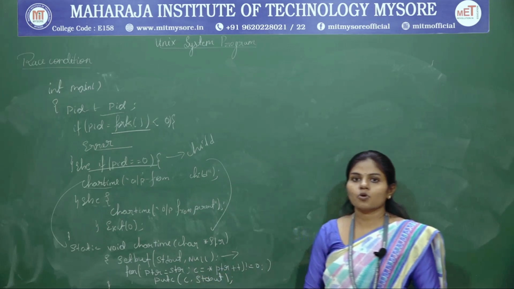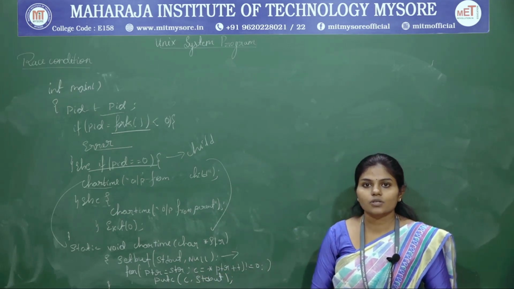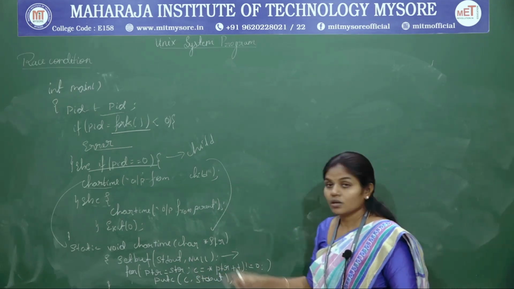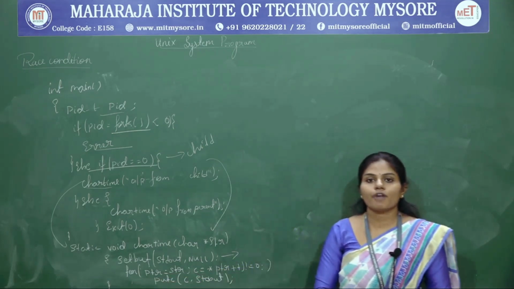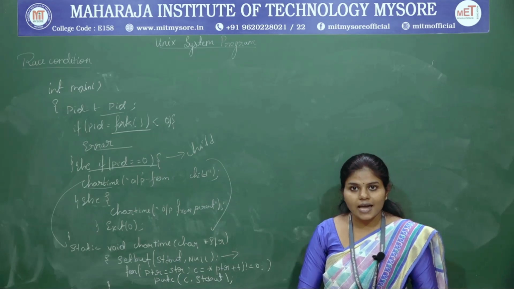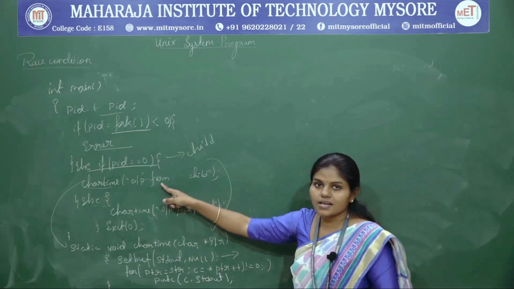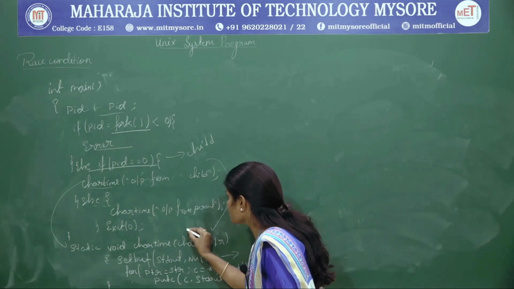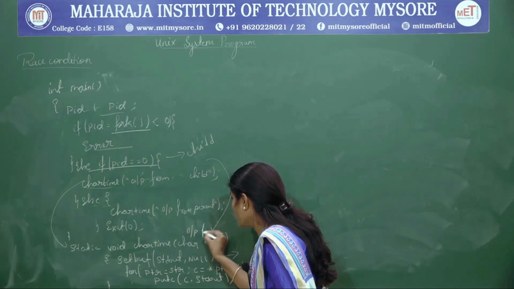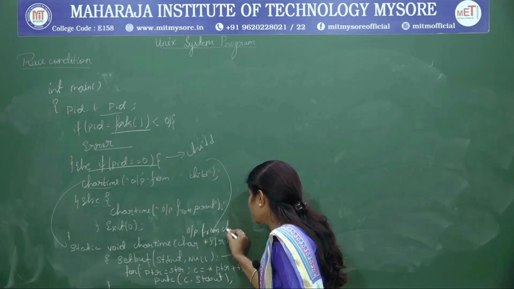Null. Initially I am going to make the buffer value 0, right? Next, I am going to fetch character by character what we passed as an input to this function. So what is the input for this function? That is "output from child", right?